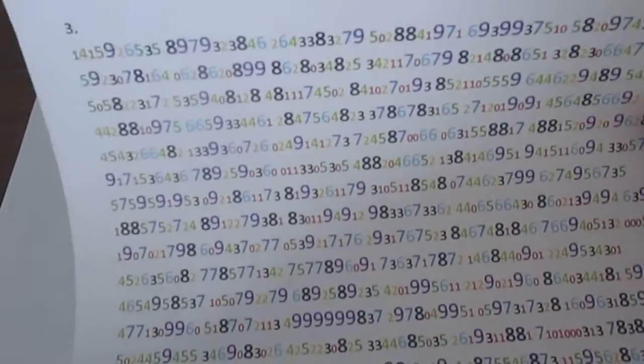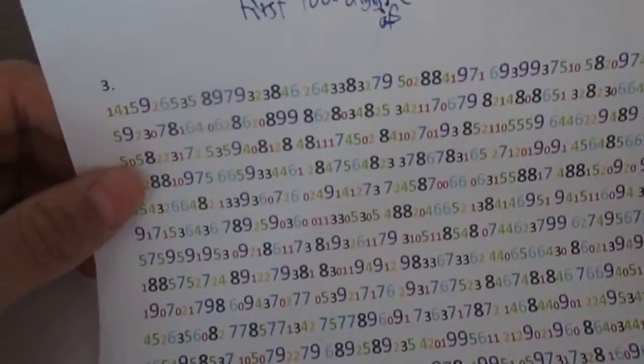So how does the direct memory work? It's like flashcards. It's almost the same system.